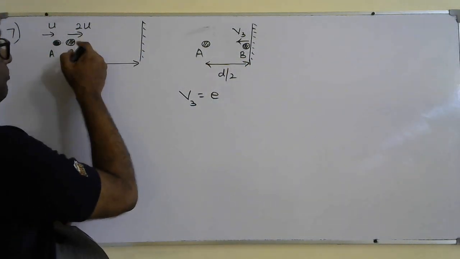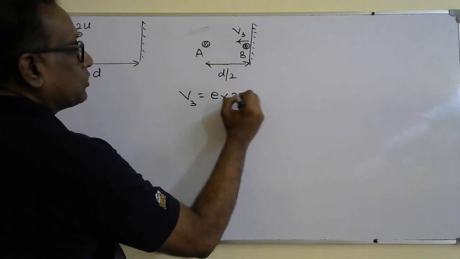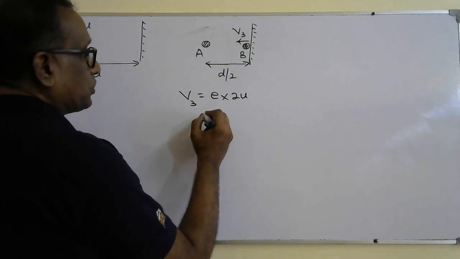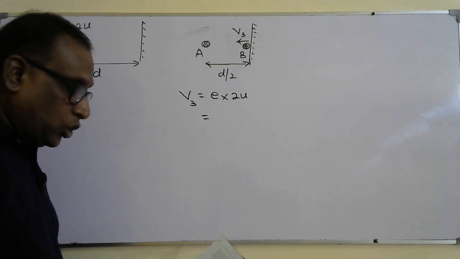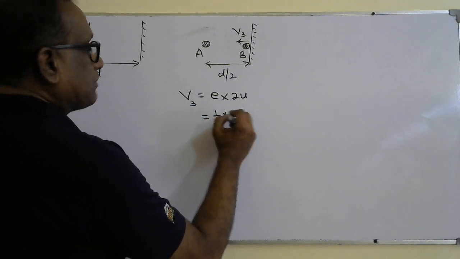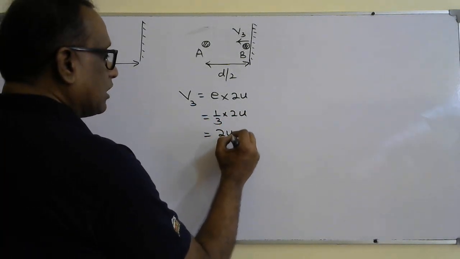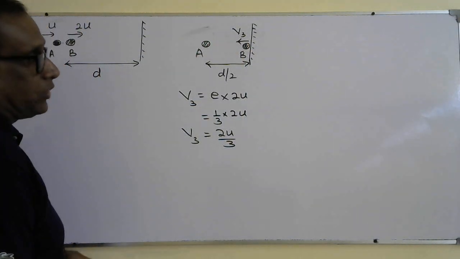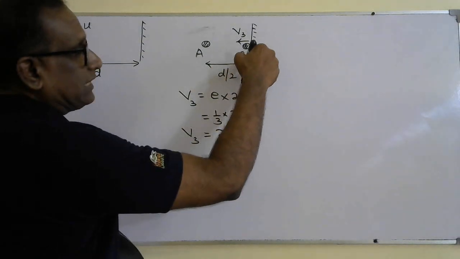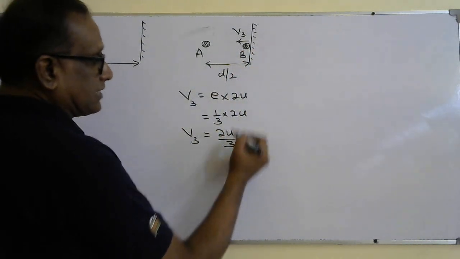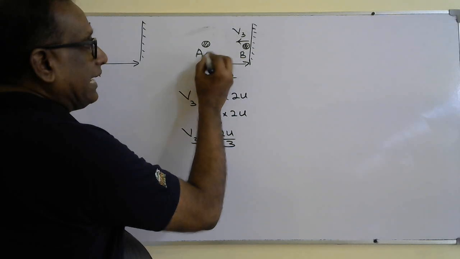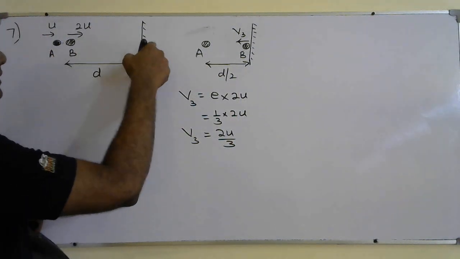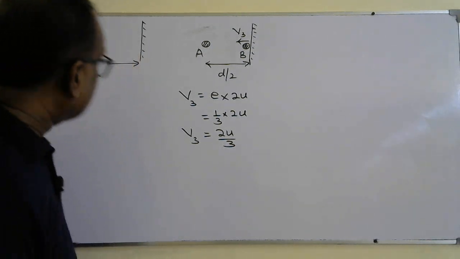Before hitting, the speed of B is 2U, so V3 equals E times 2U, and E is 1 over 3, so 2U by 3 is the speed of ball B after collision. So when B hits the wall, it bounces off with speed 2U by 3. At that moment A will be at a distance D by 2. How long does B take to reach the wall? We'll find that; it travels a distance D.